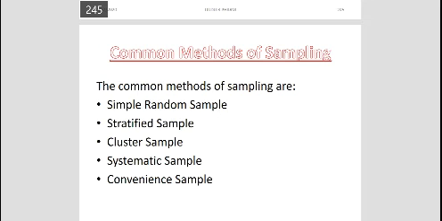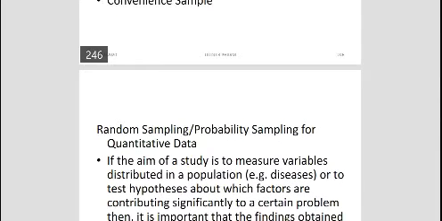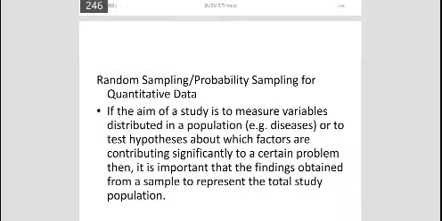Let's see the common methods of sampling. The common methods of sampling are simple random sampling, stratified sampling, cluster sampling, systematic sampling, and convenience sampling. Let's see random sampling, or probability sampling, for quantitative data.